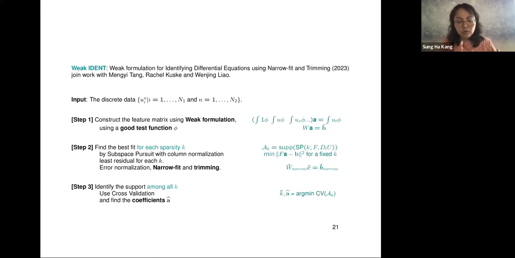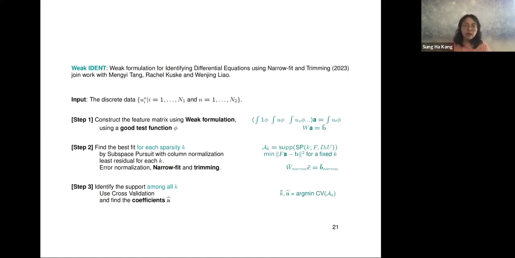So we normalize this, to make sure the effect of noise is similar per column. We error normalize for that. And also now we can even improve the least square fit. Rather than fitting the whole data, we can focus on an important region, so we explore that.